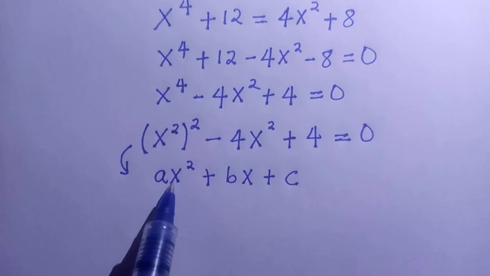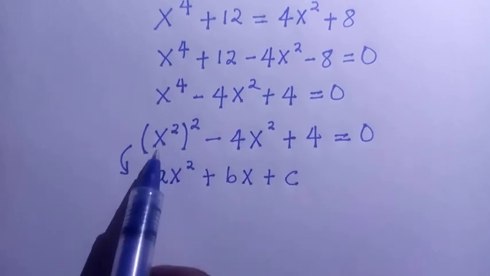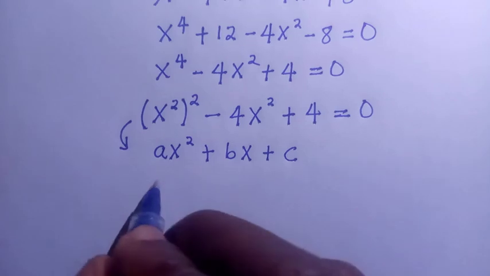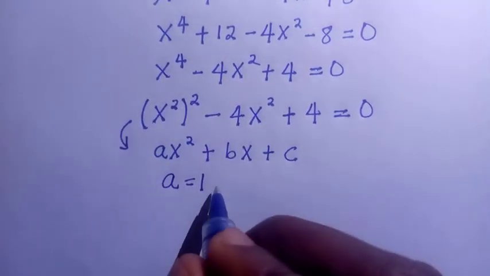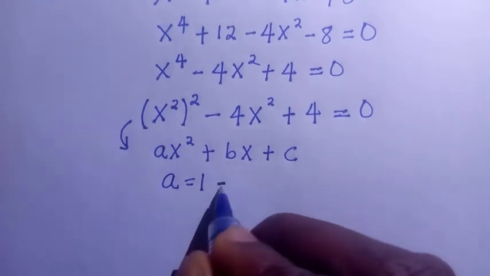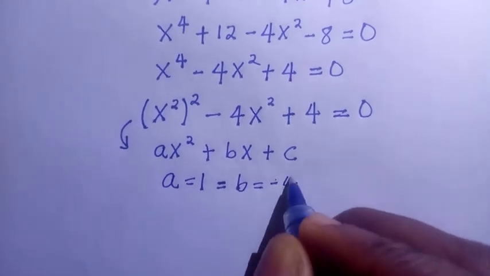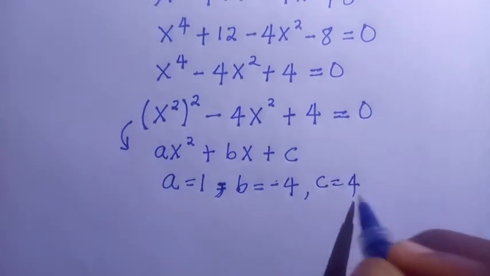So we are going to consider x to the power of 2 as the base. Therefore, we consider their coefficient as a equals 1, which is coefficient of this one. Then b equals minus 4. Then we have c equals 4.